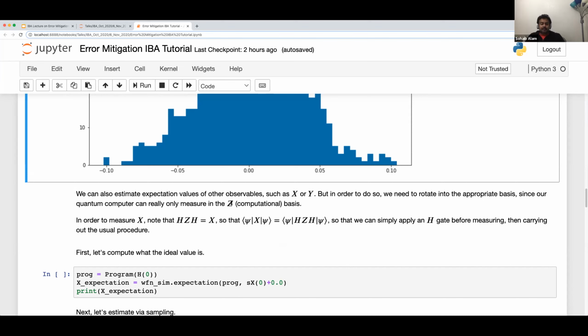This is a convention that quantum people have chosen, that our 0 and 1 are eigenstates of the Z observable. This is what we call the computational basis, in which we've defined our zeros and ones in such a way that Z is diagonal. But neither X nor Y are diagonal, so in order to diagonalize them, we need to rotate into another basis.